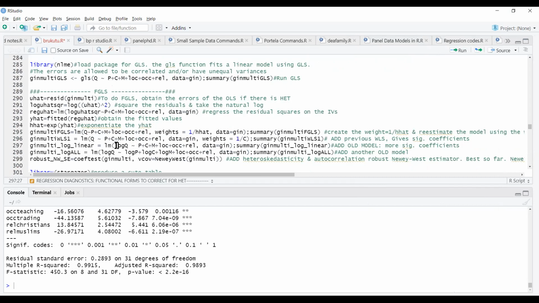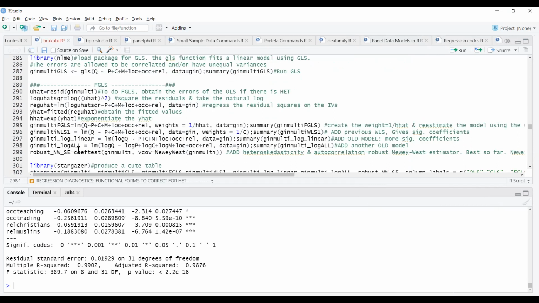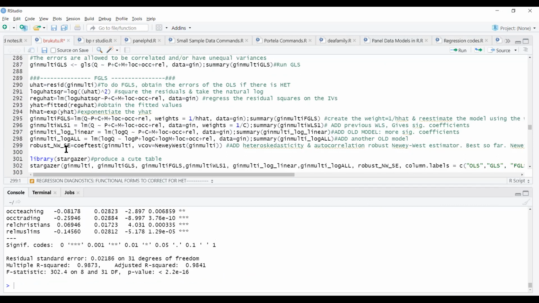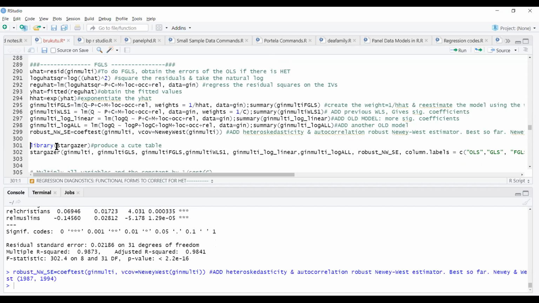It had more significant coefficients. I will add that here. Then there was one where everything was logged, one of the old models. I will add that there. And then there was the one we calculated last week, which was the robust Newey-West standard errors. I will add that one there.